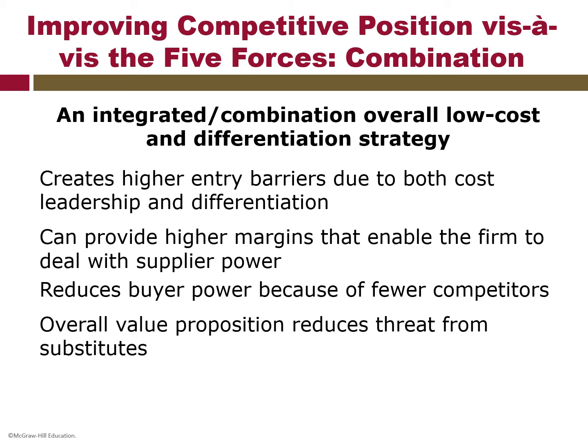Low pricing and wide selection can reduce the power of buyers because there are relatively few competitors that can provide comparable cost or value proposition. So this overall value proposition would make a potential substitute product a less viable trade. Maybe you can just Google the Walmart case to look at the situation of this combination strategy.